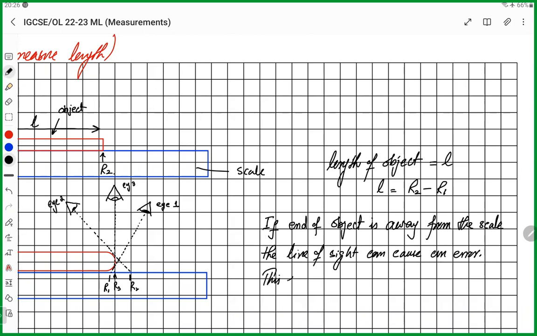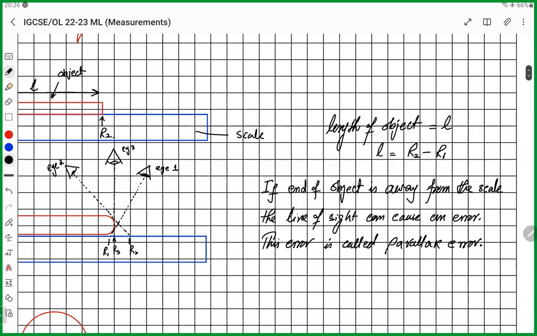This error is called parallax error. This error is called parallax error.